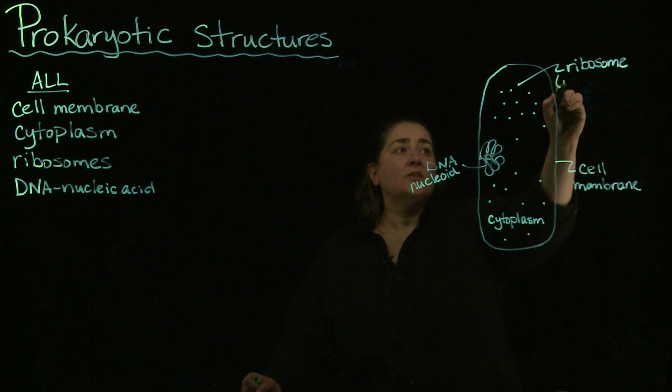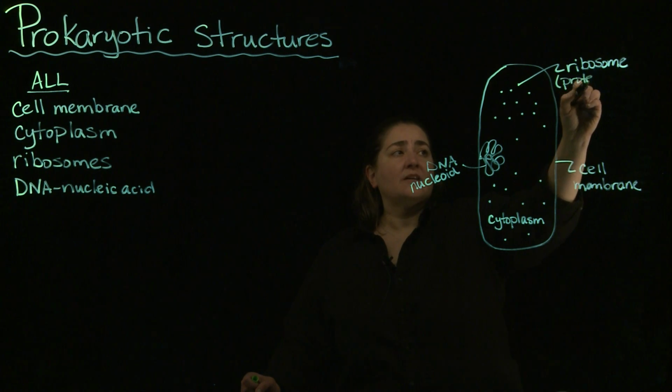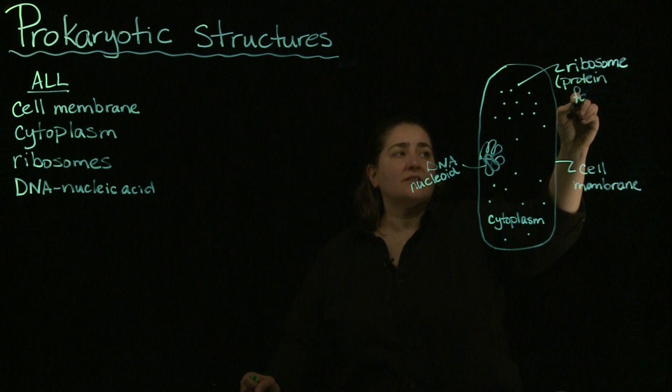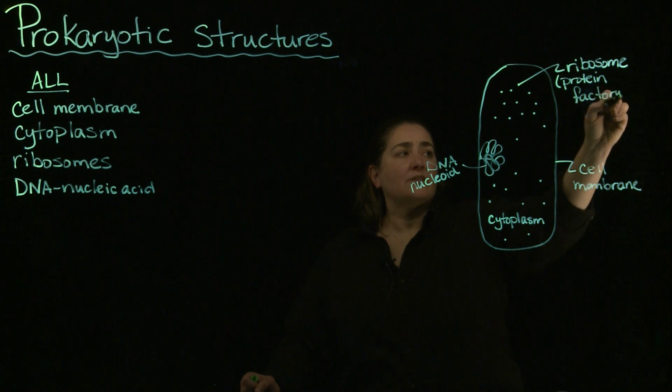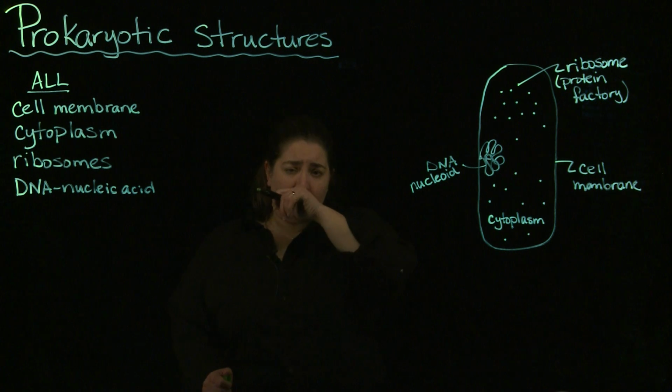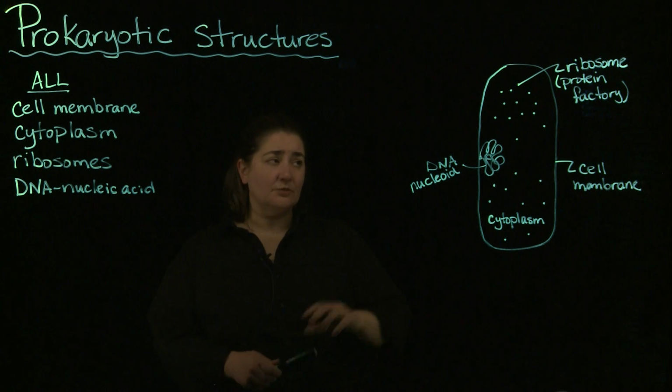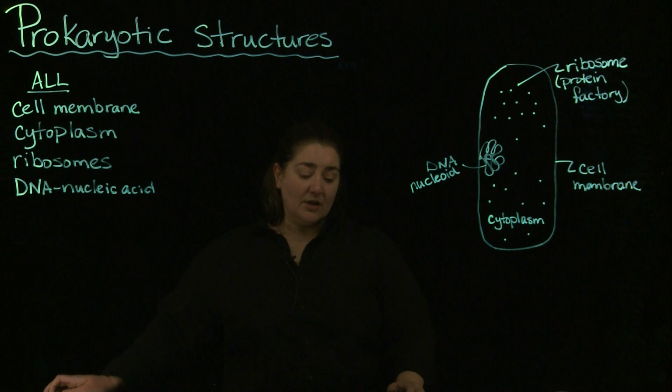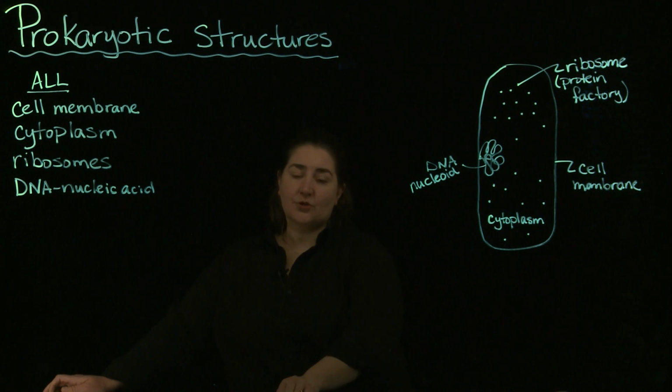If you want to think of the ribosome as a little protein factory, that's fine. That's where protein is made within the cell. So in terms of that, all bacteria are going to have those four structures.